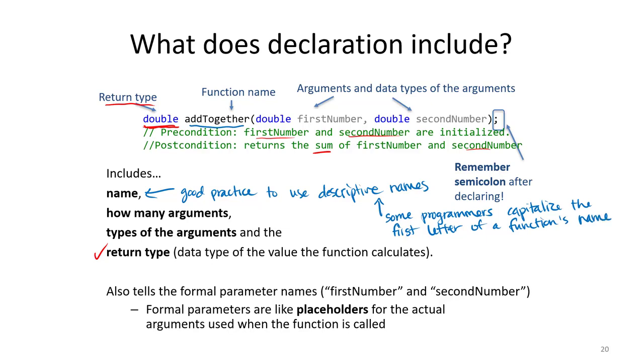And so this is to avoid confusion with regular variable names or other lowercase names in the program. I personally will accept either case, but I do want you to make sure you use descriptive names when you are writing your functions. So once again, function name, that is the name we give to our function.